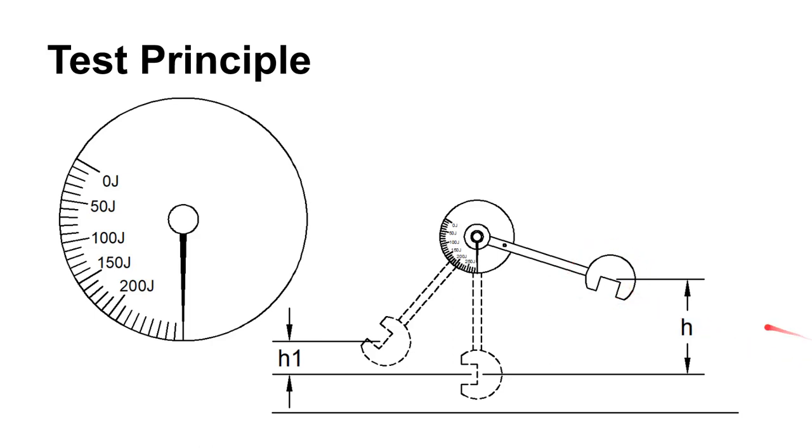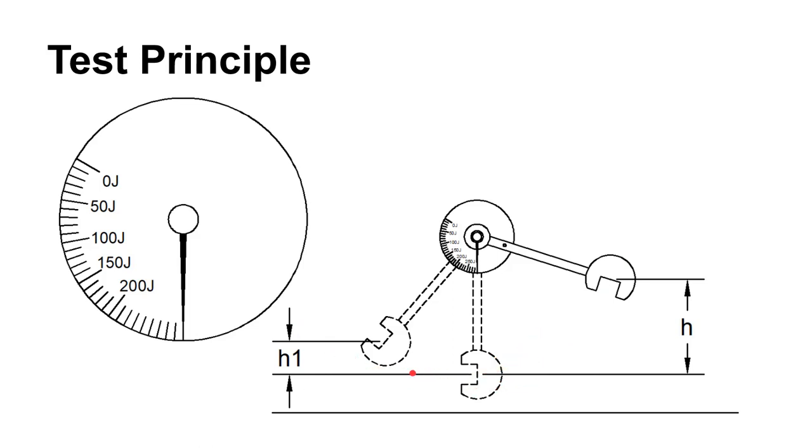Well, if we let the hammer swing and it strikes, let's say, a very, very brittle material with hardly any strength, any toughness at all, then this hammer would swing almost back up here to 0. Okay, so we would have a very small reading on a brittle material. On the other hand, if, like we've illustrated here, we let it swing and we let it strike a piece of annealed steel, or something like an annealed piece of S7, then that's going to absorb a lot of energy.